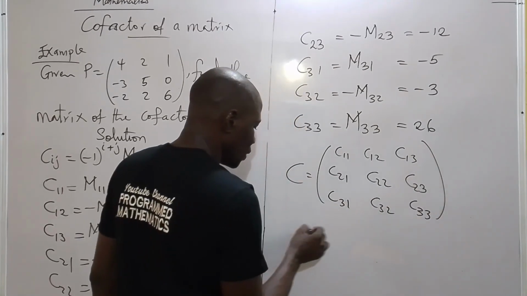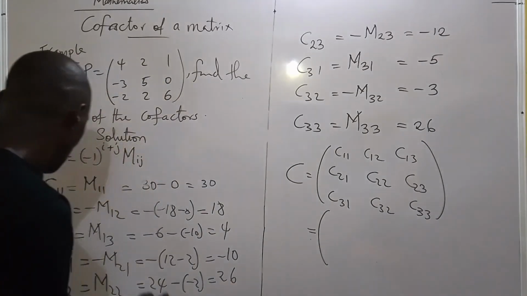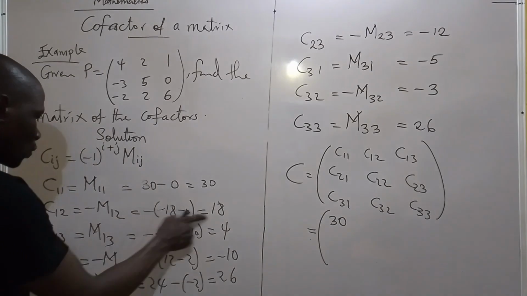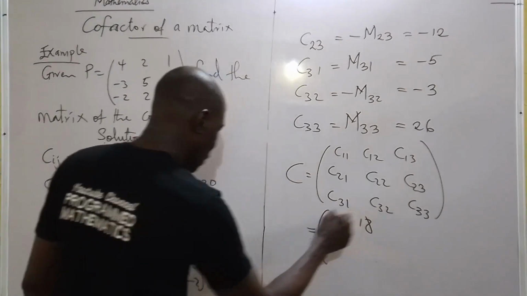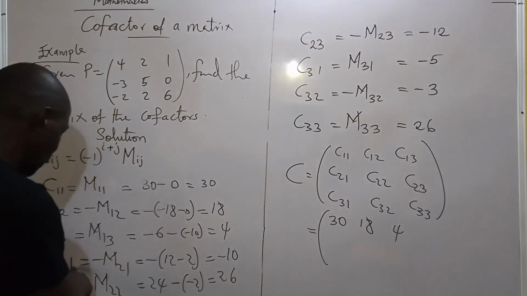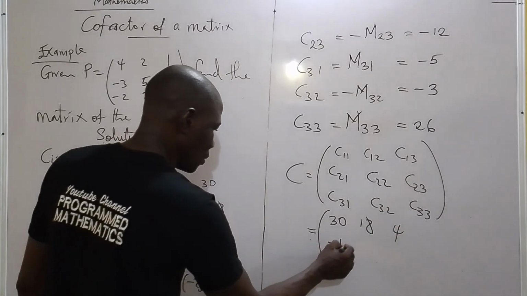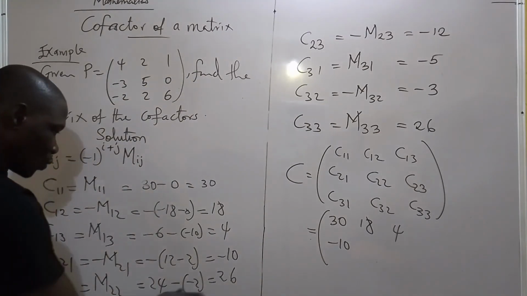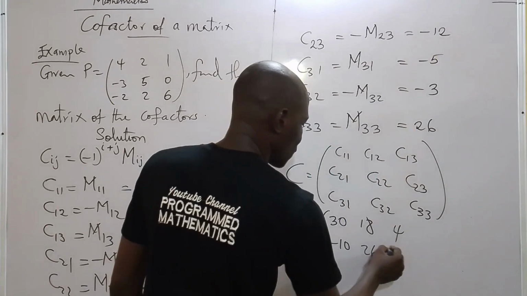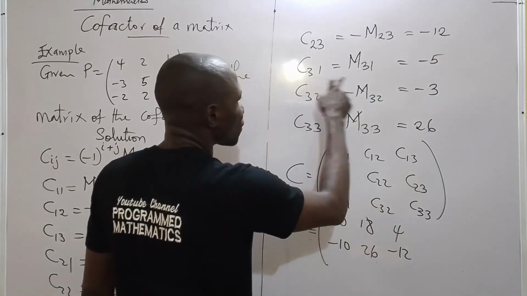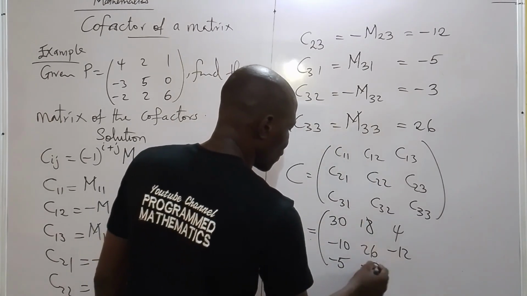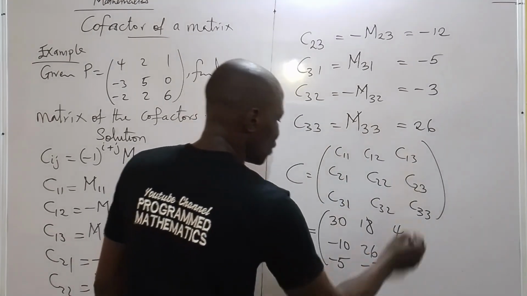Which in this case will give us C11 is 30, C12 is 18, C13 is 4, C21 is minus 10, C22 is 26, C23 is minus 12, C31 is minus 5, C32 is minus 3, C33 is 26.